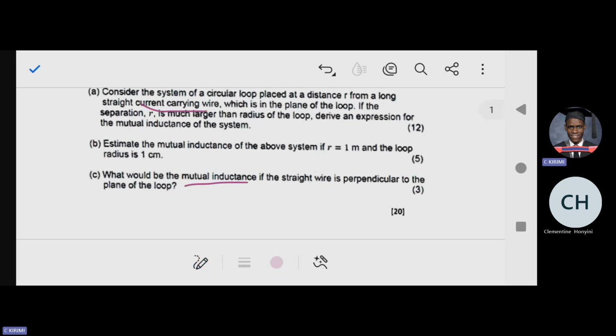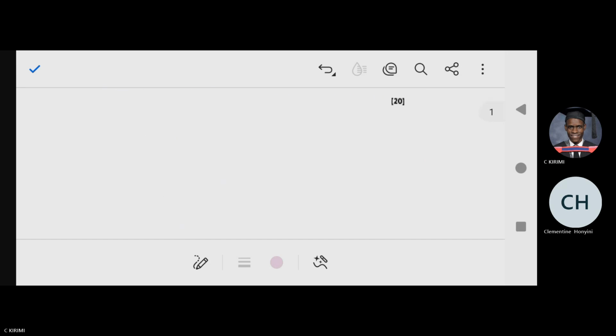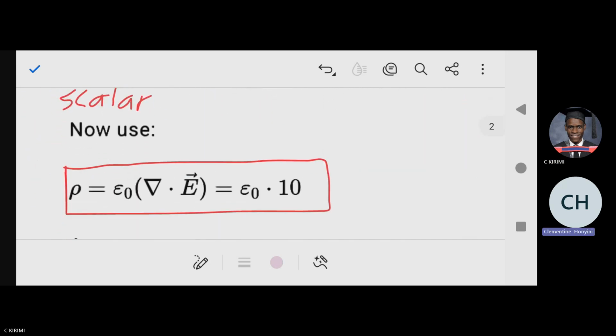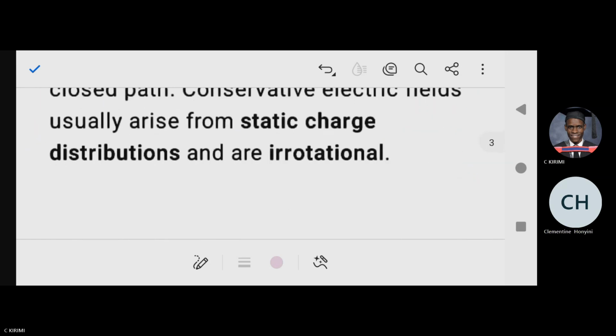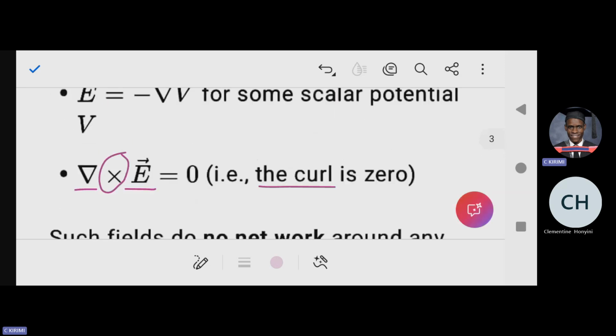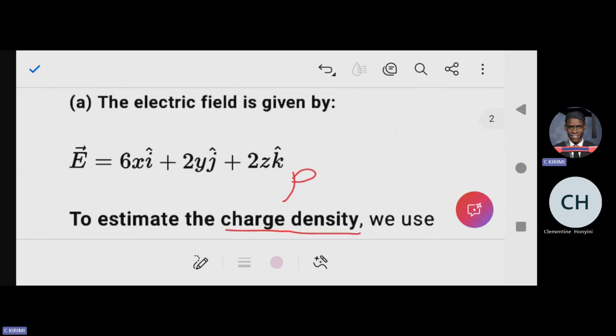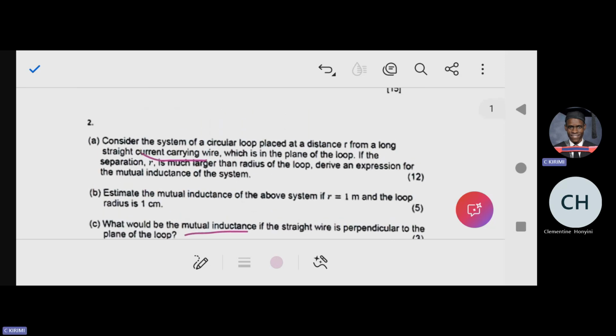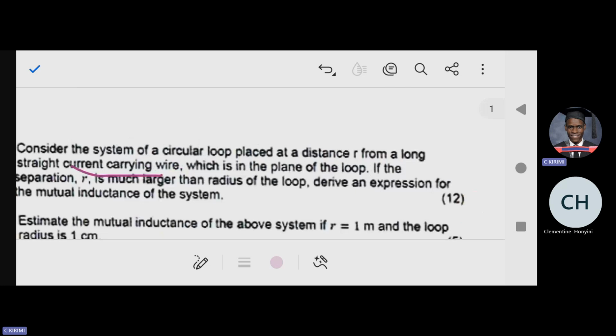So let's derive the first part, which is question number 2. We are deriving the mutual inductance where r is greater than a. Where are we getting that? Consider a system of a circular loop placed at a distance r from the straight current carrying wire, which is in the plane of the loop.